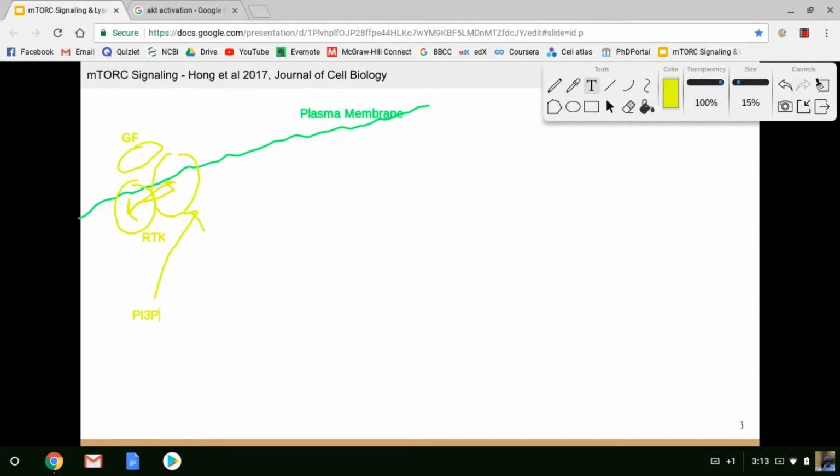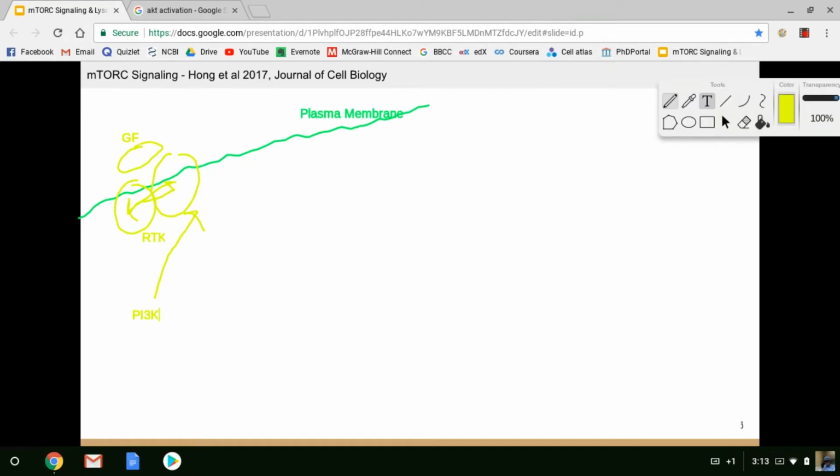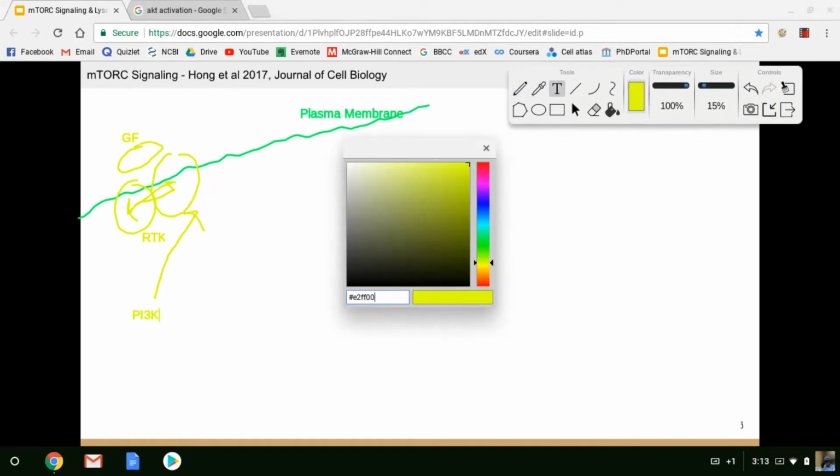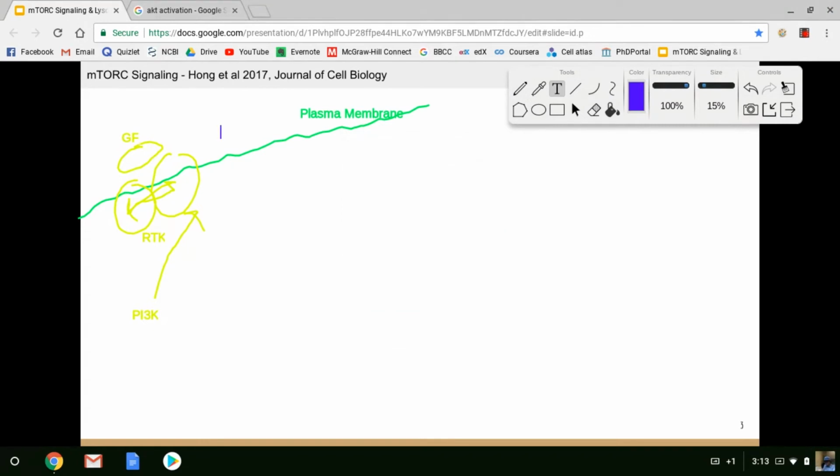It's a kinase that phosphorylates a membrane phospholipid, phosphatidylinositol, at the 3' position. So let's say these are phosphoinositols that have been phosphorylated at the 3' position. And this produces a binding site for certain kinds of proteins, like PDK1 and PDK2.